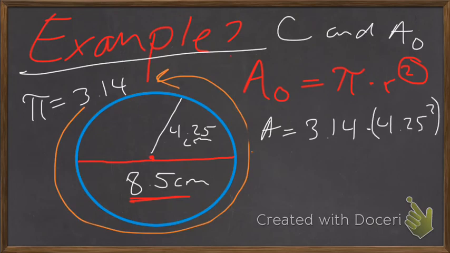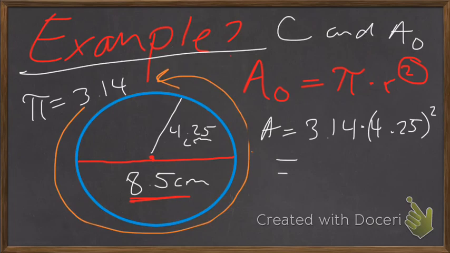I'm going to put the 4.25 in brackets, because that's the first thing we do, and the square should be outside the brackets. I made a mistake, so I'm going to write the whole thing again: 3.14 times (4.25) squared.